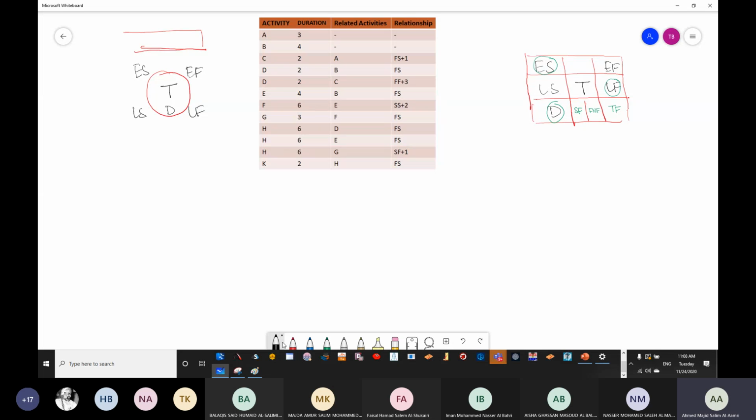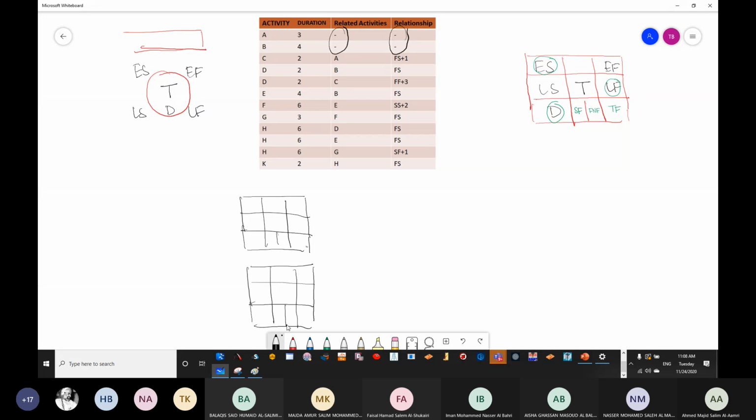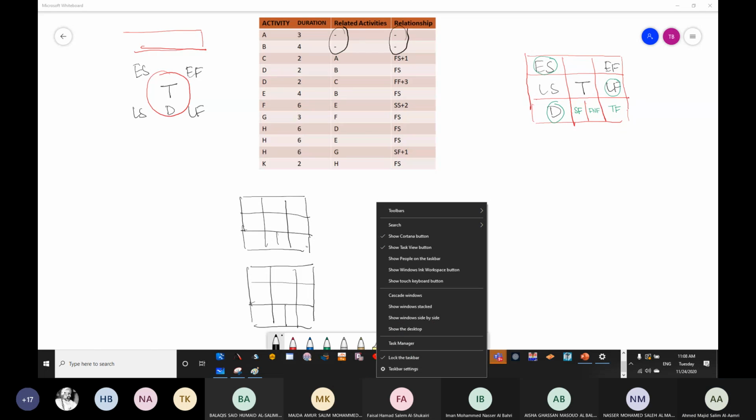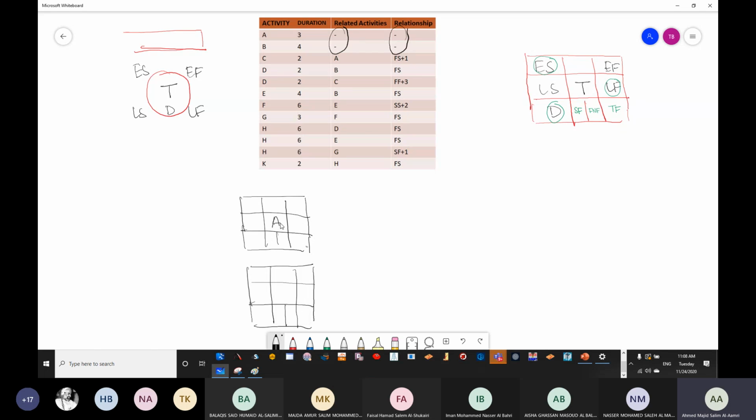The related activities for A and B are nothing. It means that they are starting from the beginning. So I draw a box, and then I'll draw another box here. This is A. This is B.